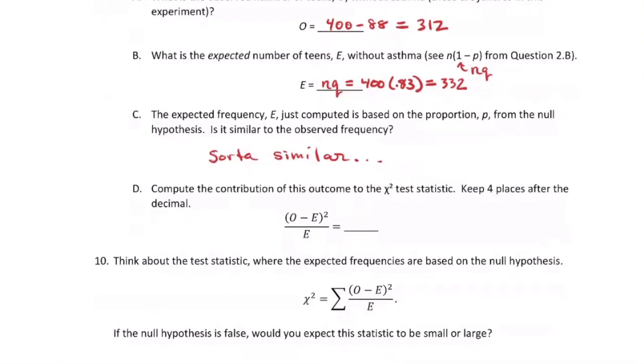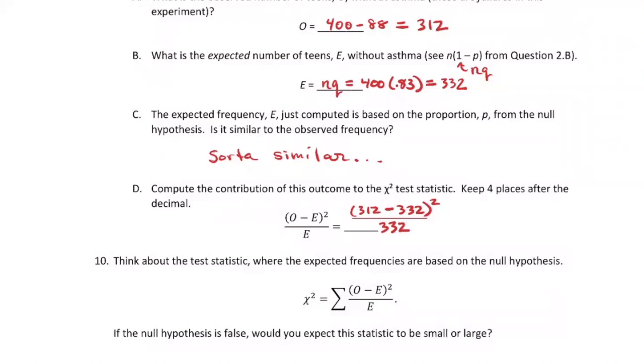So the observed frequency was 312. The expected frequency is 332. So again, that difference is 20, and when you square that, you get 400. So it's the same numerator, but the denominator is a bigger value. You're dividing by 332, it's almost like a proportion.